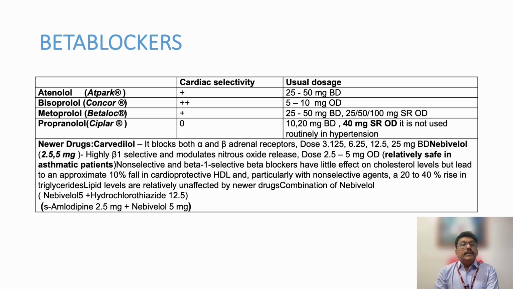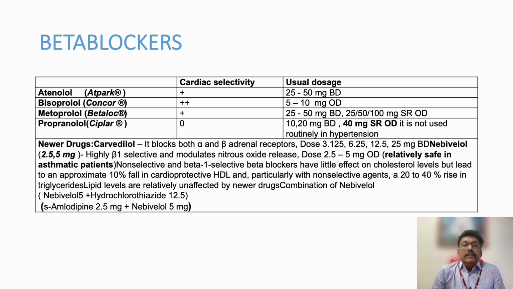Next drug is beta blocker. We have atenolol, bisoprolol, metoprolol, propranolol. Of these, atenolol and bisoprolol are the commonly used drugs for hypertension control. Metoprolol IV is also available, so it is mainly used in arrhythmia control and other problems in the emergency room. But tablets are also available, we can even give metoprolol tablet.